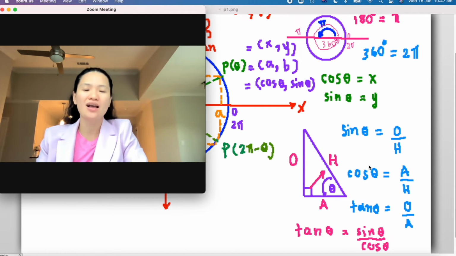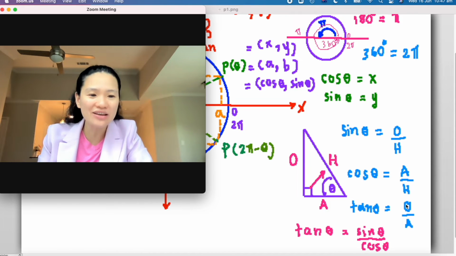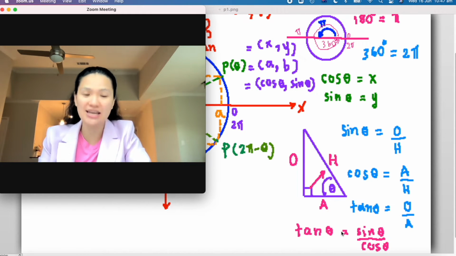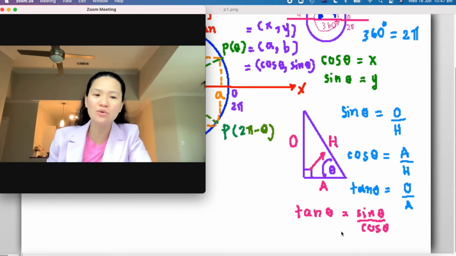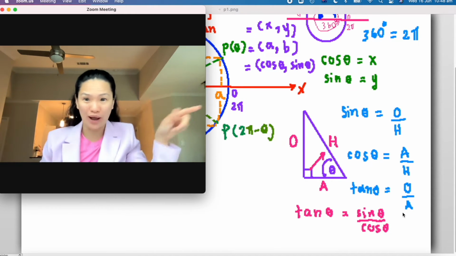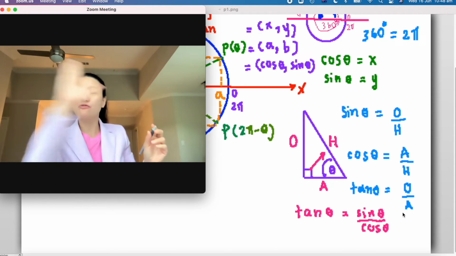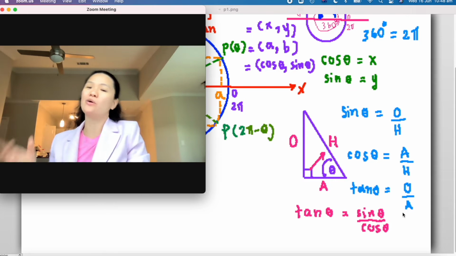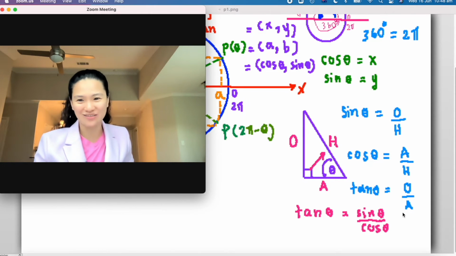Cos theta equals adjacent over hypotenuse. How about tan theta? It's equal to opposite over adjacent here. And another formula that you need to know is tan theta equals sine theta divided by cos theta, and we're going to apply all of these to our unit circle, which links to the circular function as well.